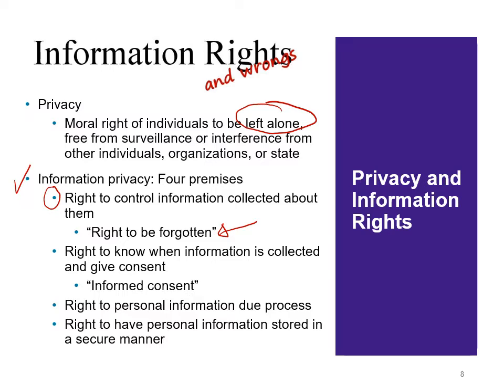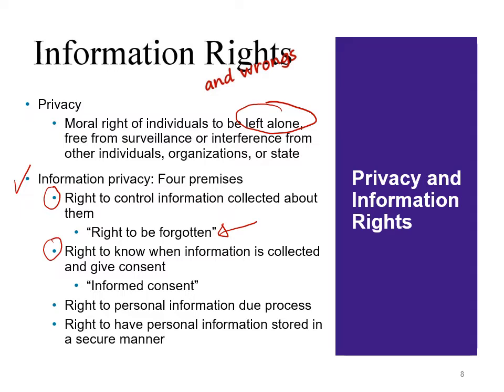Individuals have the right to be forgotten. Whatever information you share, you have the right to delete, if you don't want to share anymore. Example, today you have the right to close your membership account. That is the right to be forgotten.